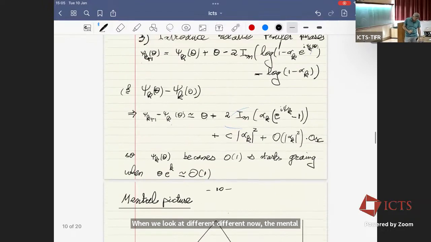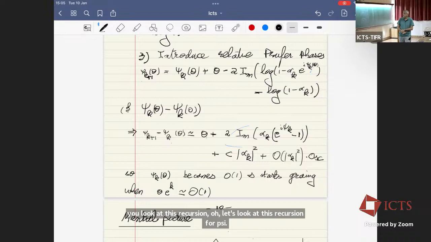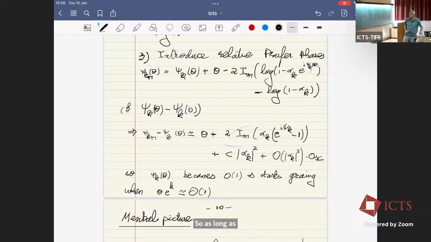Let's look at this recursion for psi. There may be a bit of confusion in what follows: at the moment k is just a running index from 1 to n. Later k will be log of that. Don't worry about that.